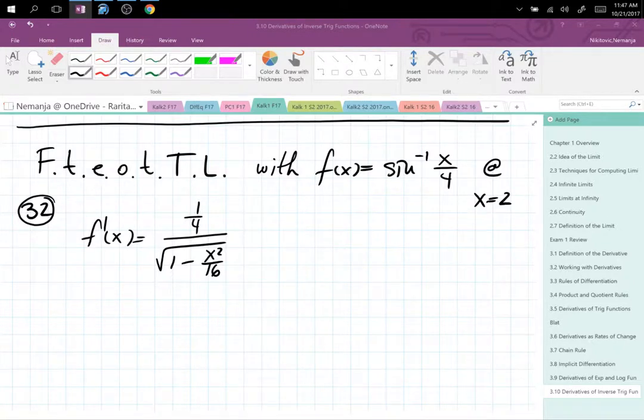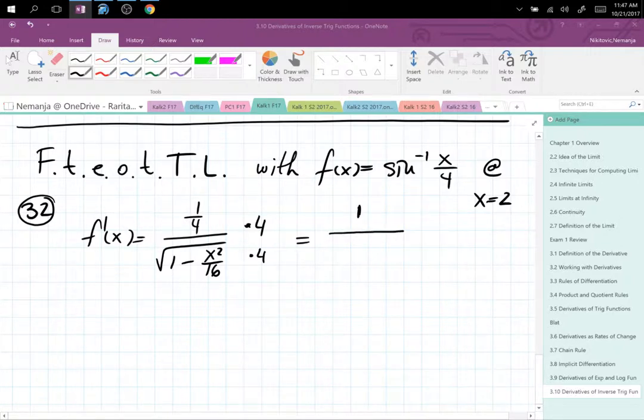And we can multiply numerator and denominator by 4 over 4, right? And get 1 because they will cancel.